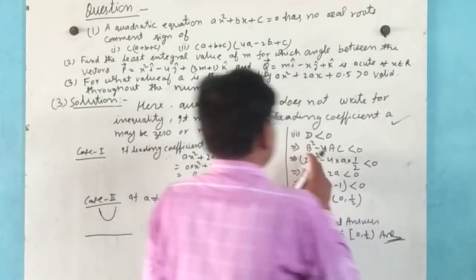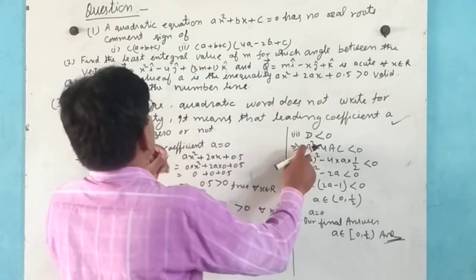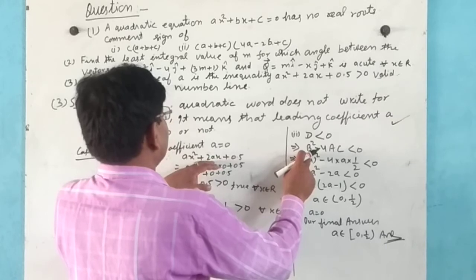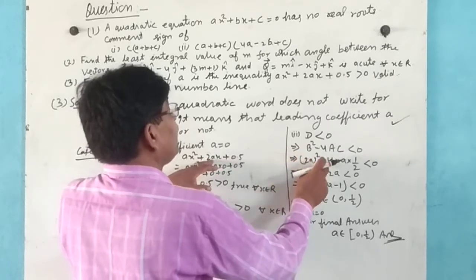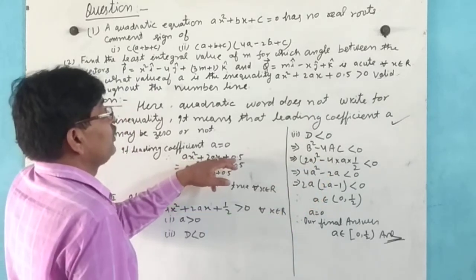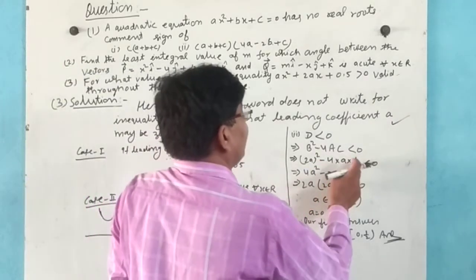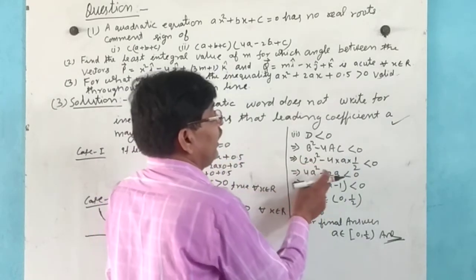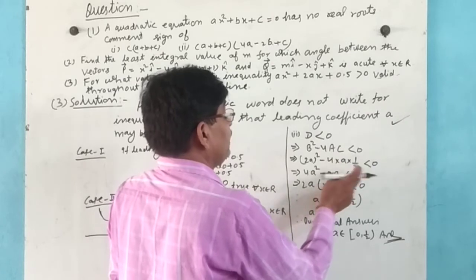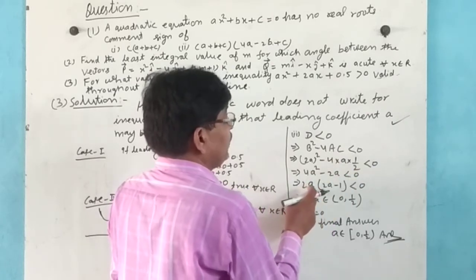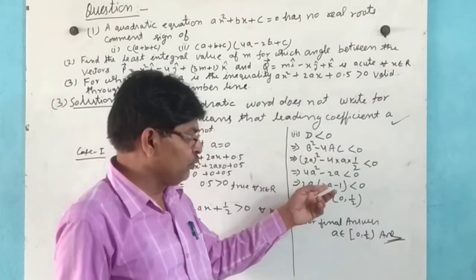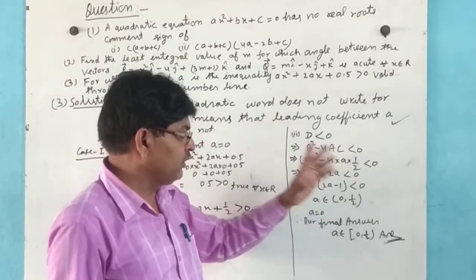Comparing this, b is the coefficient of x, that is 2a, so b square minus 4ac, where a equals a and c equals 0.5, that is half. Now 4a square minus 2a is less than 0. We take the common 2a, that is 2a(2a minus 1) less than 0.